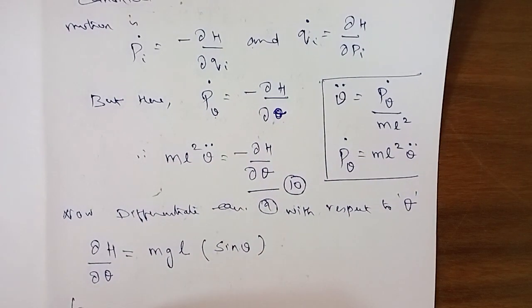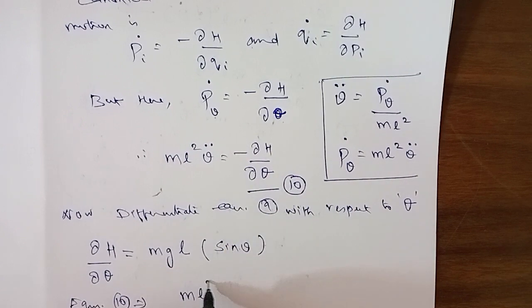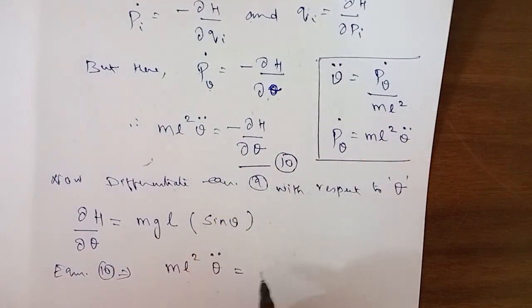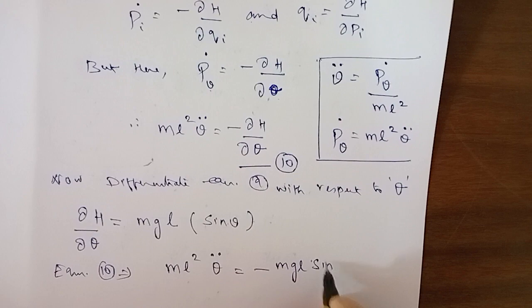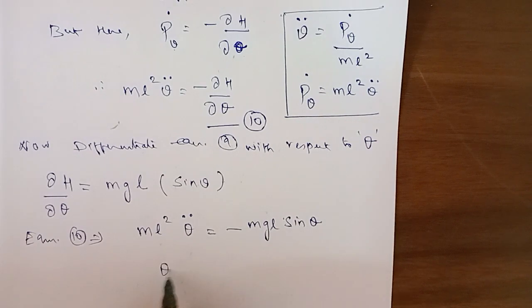So now equation 10 becomes: ml square theta double dot is equal to minus dou h by dou theta, which is mgl sin theta. Then it is very simple.